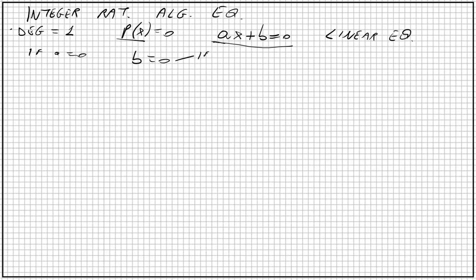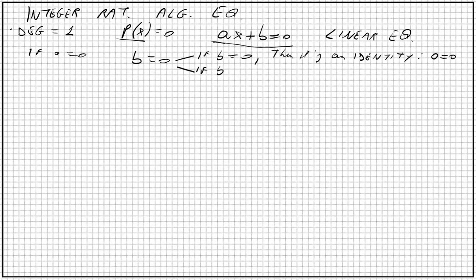If b was 0, then it's an identity that takes the shape of 0 equals 0, because 0x plus 0 equals 0. So essentially all possible values of x are a solution. And this is not very interesting, to be honest, in most cases. In some cases it might be.